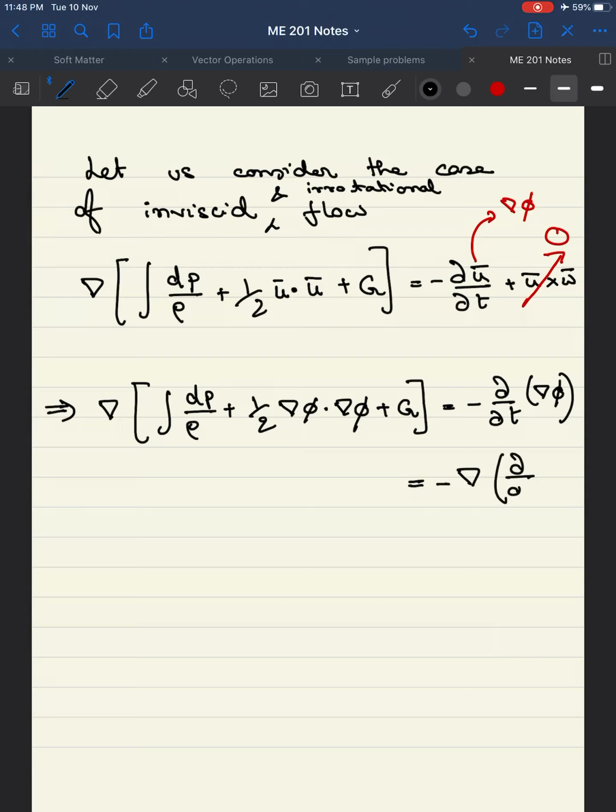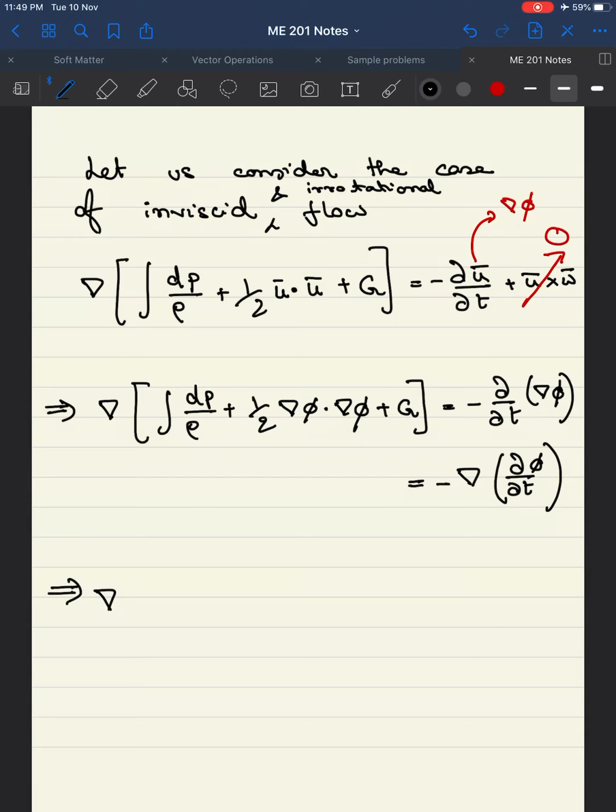del phi del t. So even this has become like a gradient term, right? So we can bring this over here and we can combine all of them.